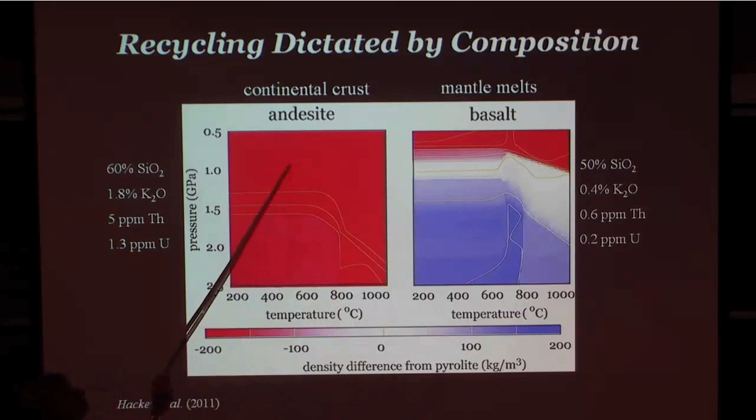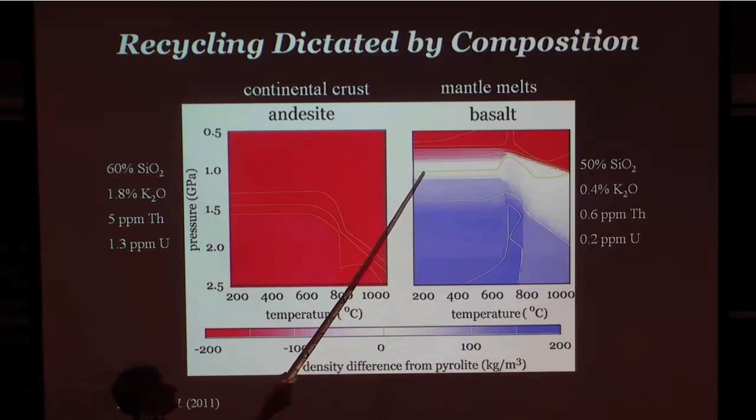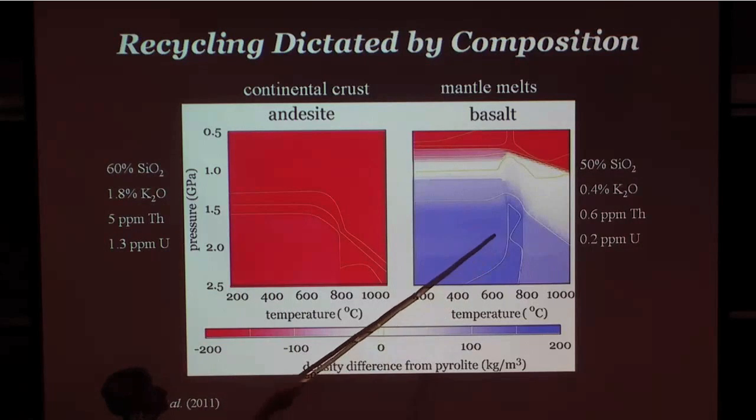And the idiot level observation is that andesite, regardless of pressure and temperature at reasonable conditions, not lower mantle, but let's say the upper 100 kilometers or so, is always positively buoyant with respect to the mantle, no matter what. That's not true of basalt. Once the pressure becomes equivalent to about a GPa, plus or minus 0.5, let's say, depending on the composition, the material becomes negatively buoyant with respect to ambient mantle and could potentially founder, or at least sink farther into the earth.